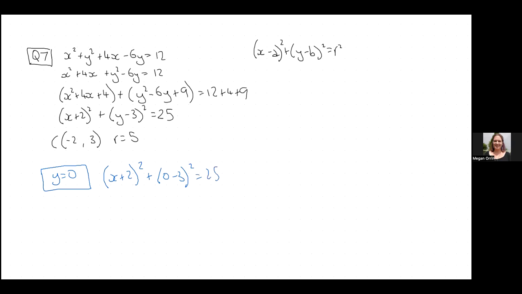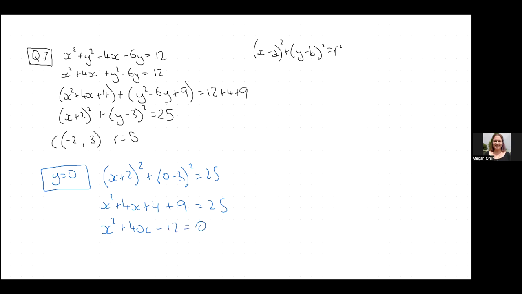We get x² + 4x + 4. Remember, there's 2 sets of brackets. We're just going back to this. And then this is 9 = 25. All right, let's put all of this together and we're going to solve it as a quadratic. 4x, that gives me 13. So 13 - 25 is -12 = 0.